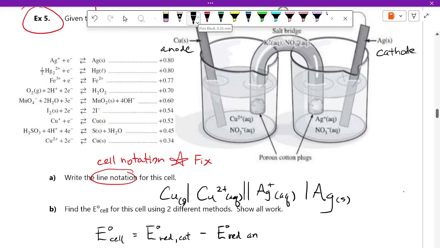I think it should be one. Should you choose this one or this one?